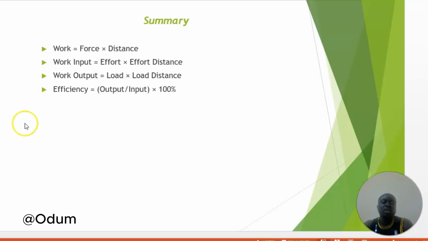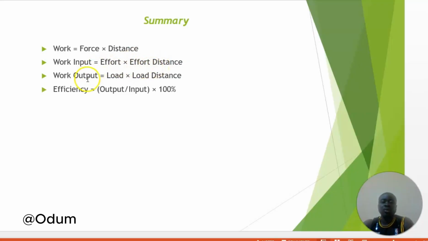Now, if you have to summarize all that we have done, work is equal to force times distance. This is a formula, so have this in mind. Or you can use the definition: work is said to be done when a force moves a body through a distance and in the direction of the force. That will guide you to know the formula. If you input a force, it is the effort you are going to use, and since you are moving through a distance, you're going to have the effort distance.